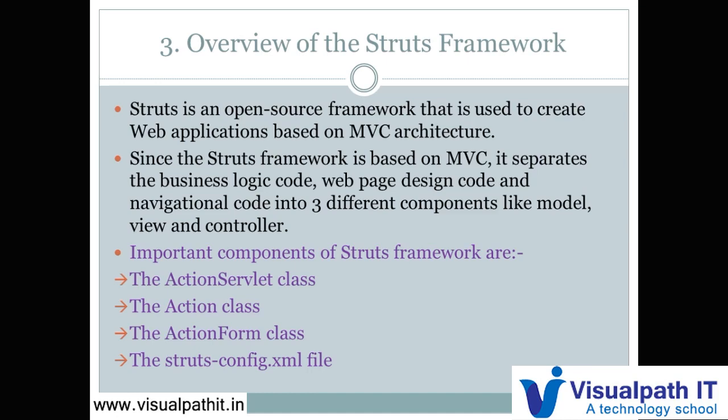Why we need MVC architecture is that it helps in maintaining large web applications, which is one of the advantages. The Struts framework has a lot of tags, dynamic data is created, and it has the Struts HTML tag library descriptor.